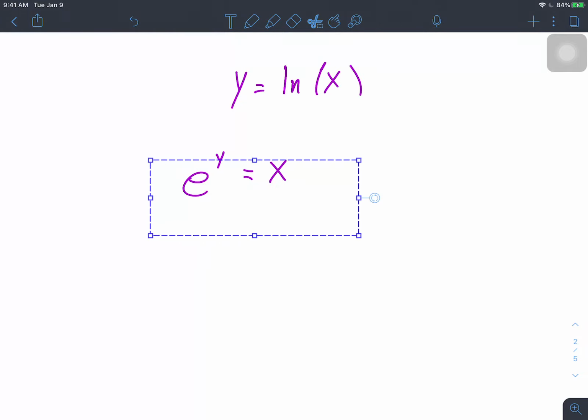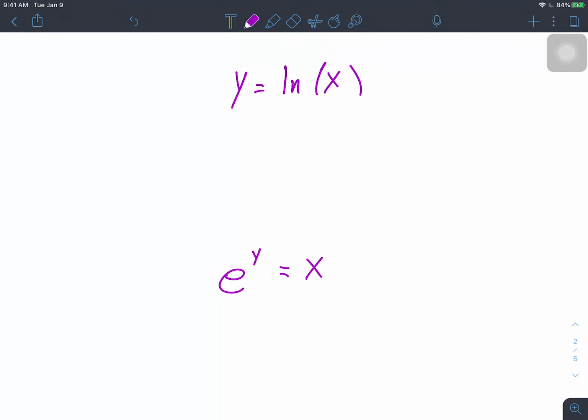We can put a little intermediate step in here. We can say e to the y equals e to the ln of x. And you all are smart, you know that e and ln are inverses. So when we do e to the power ln of something, those are going to cancel and we're just left with x. Okay, so that's what's going on here.